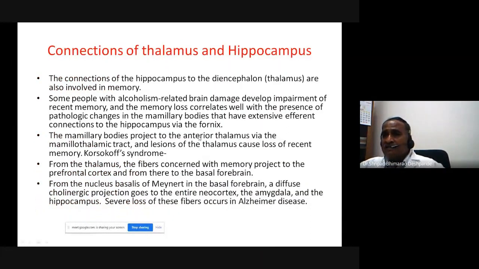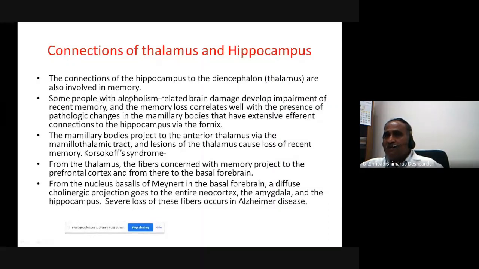Now I will again tell something about the hippocampus and the thalamus being involved in memory. These connections are very important. Why are they important? I mentioned Korsakoff's syndrome, in which the mammillothalamic tract is involved. There is a loss or demyelination of the mammillothalamic tract.